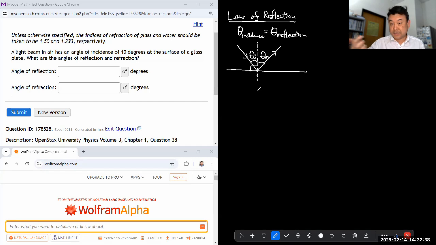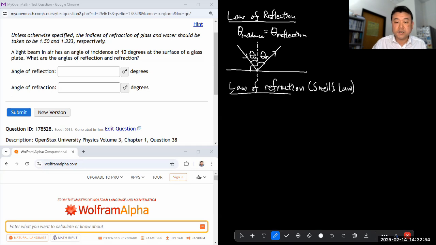And the second reason is the law of refraction, Snell's law. It actually does matter that you are using the angle relative to the surface normal.